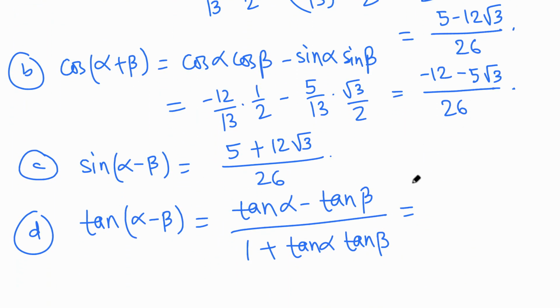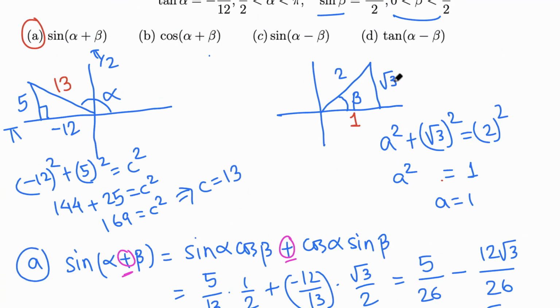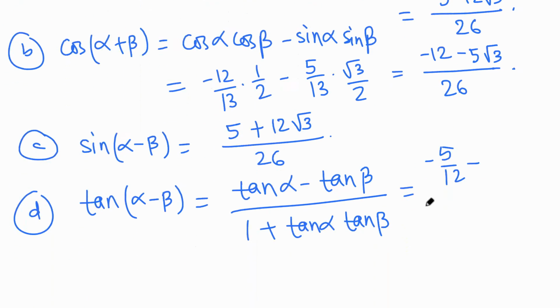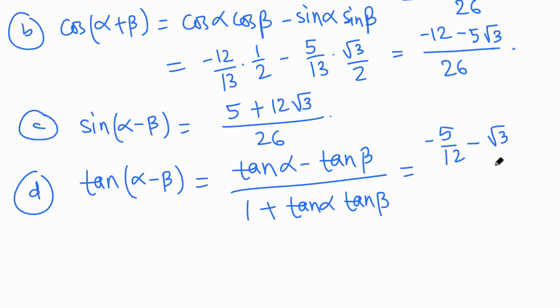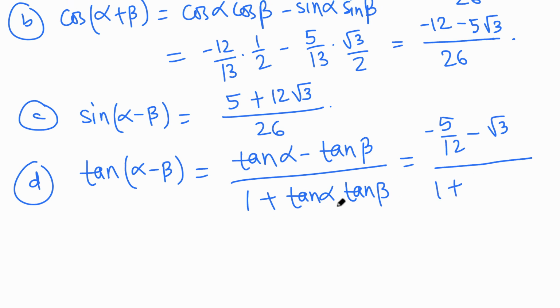So this one is -5/12 minus tangent beta. Tangent is opposite over adjacent, so √3/2. Sorry, root 3 over 1, just root 3, all over 1 plus tangent alpha, negative 5 over 12, tangent beta, we just found root 3.